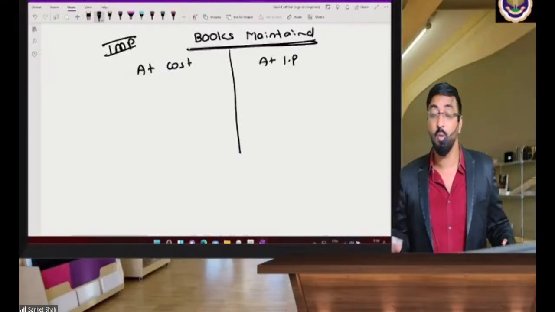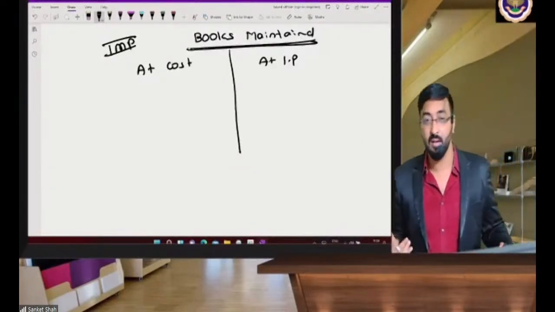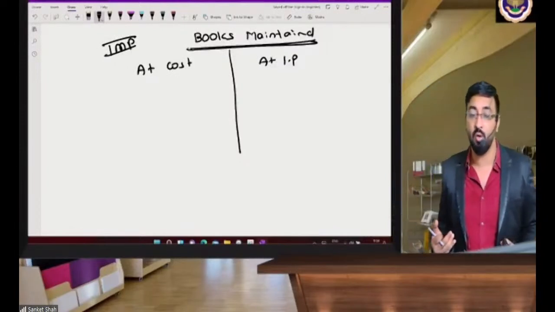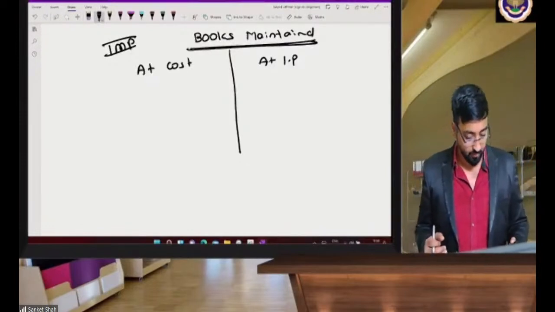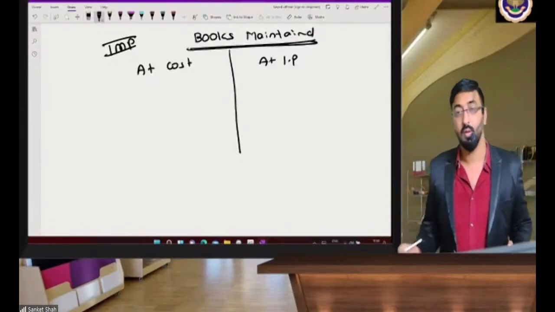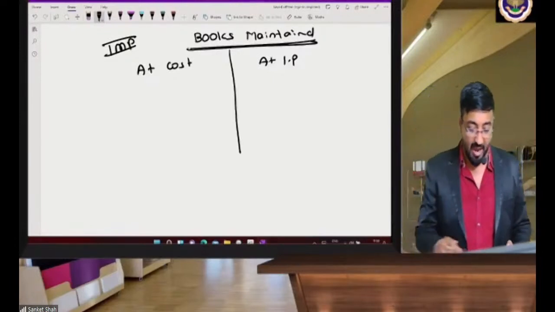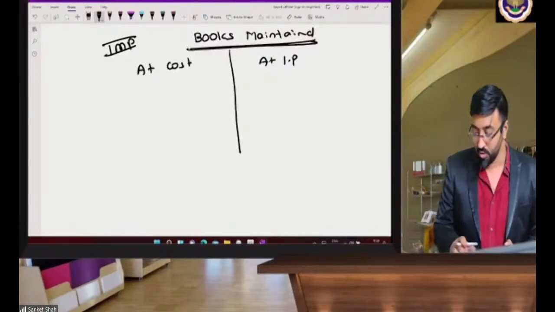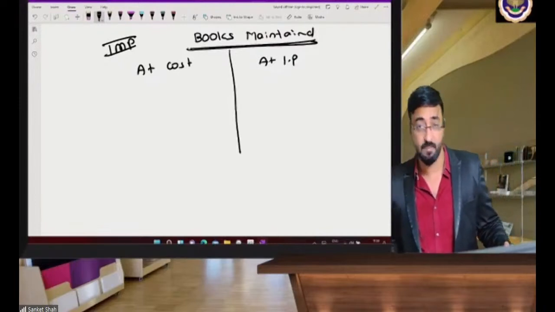If you are maintaining goods at cost, is your profit higher, or at invoice price, if you are maintaining books of accounts, is profit higher or lower? Tell me fast. So where is the profit high, at cost or at invoice price?